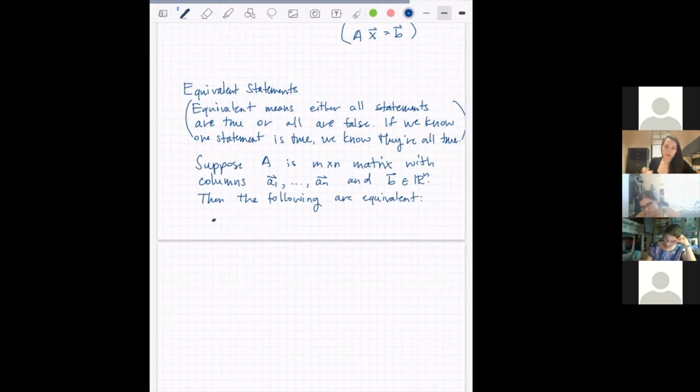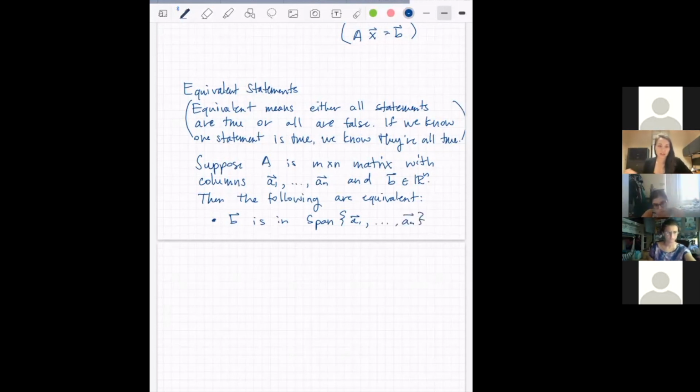Okay, so first of all, our first statement is that B is in the span of these vectors A1 up to AN.